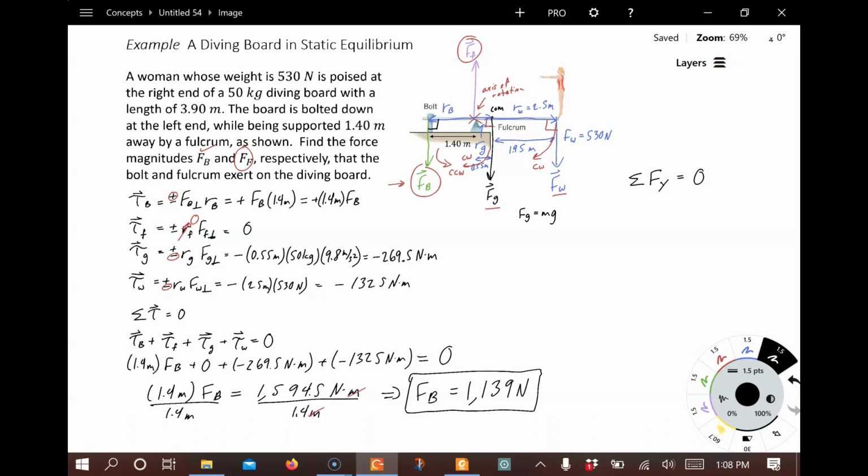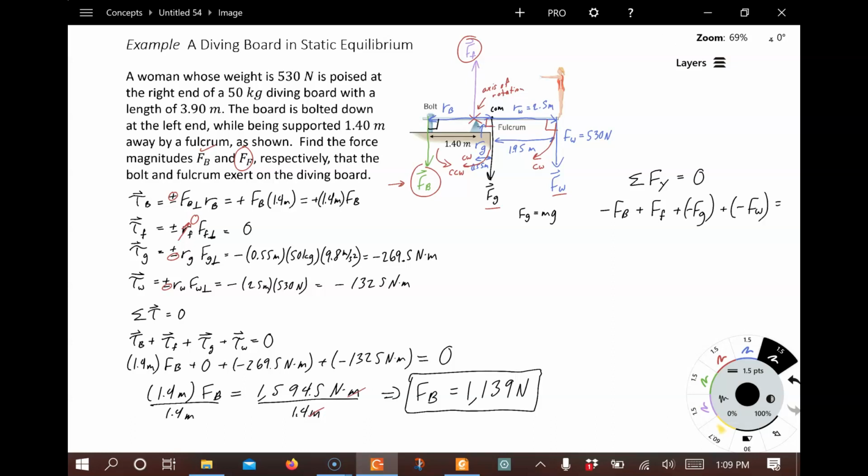The bolt is going to be a negative magnitude of the bolt, because it's down. The next one, the fulcrum, is going to be a positive, whatever the magnitude of that is. It's all up. For FG, it's all going to be down, so that's negative. And the same for FW, the magnitude is all going down.